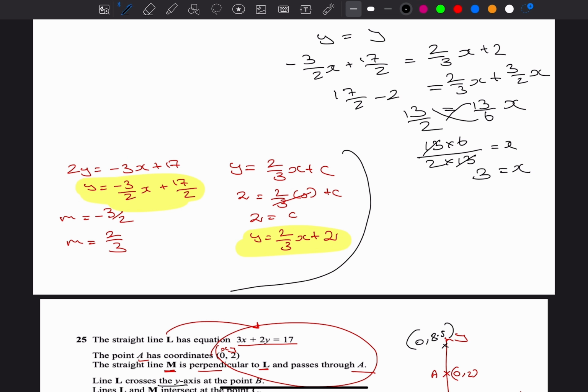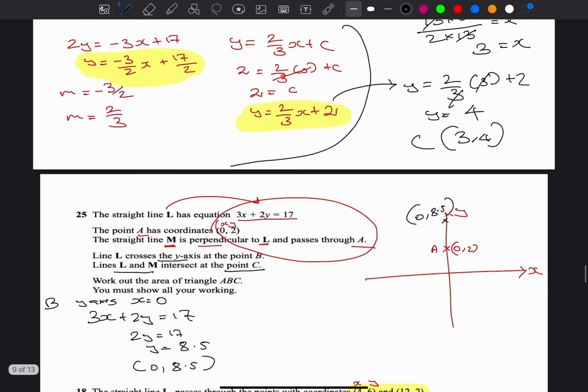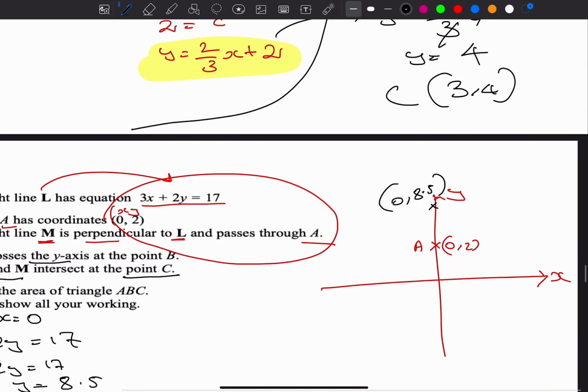I need the y value, so just substitute in this equation. 2 over 3 bracket x is 3, plus 2. 3 times 3 cancels. Y equals 2 plus 2, it makes it 4. 3 comma 4. And that's your point C where it crosses.